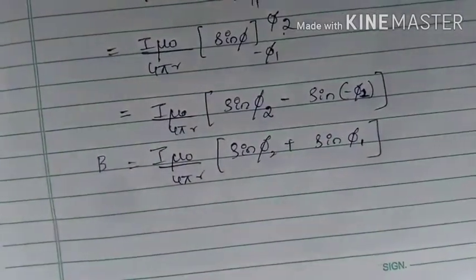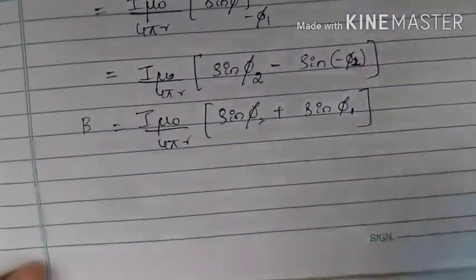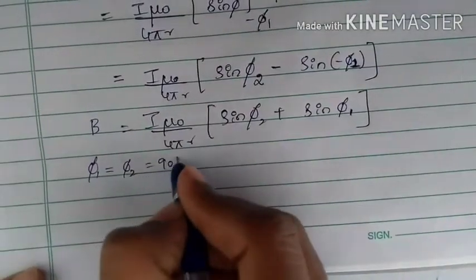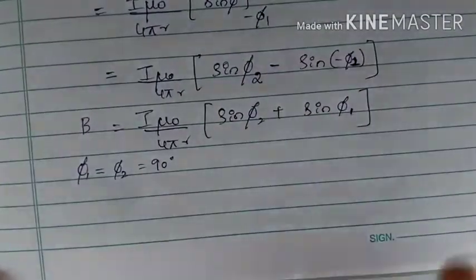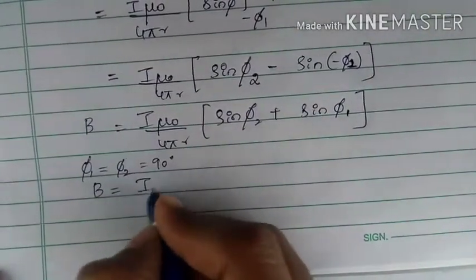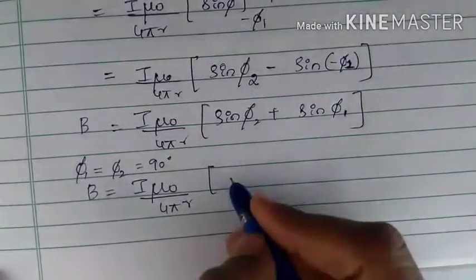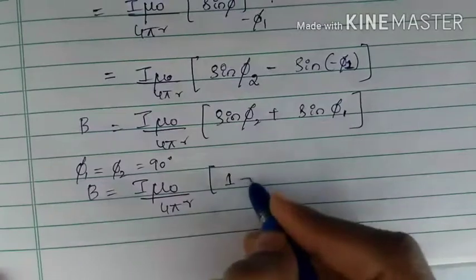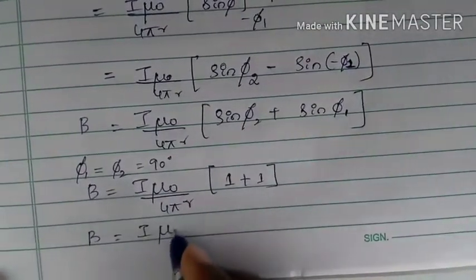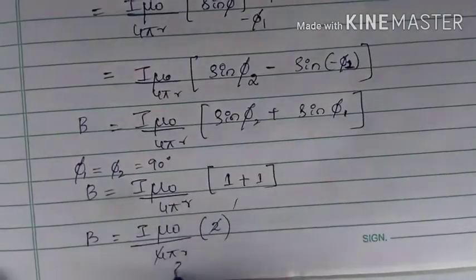Now if you take an infinitely long straight conductor, then phi 1 and phi 2 will be equal to 90 degrees. So sin 90 is 1. If you substitute that, B will be equal to I mu naught by 4 pi r into 1 plus 1. That means B is equal to I mu naught by 4 pi r into 2. So 2 ones, 2 twos cancel.